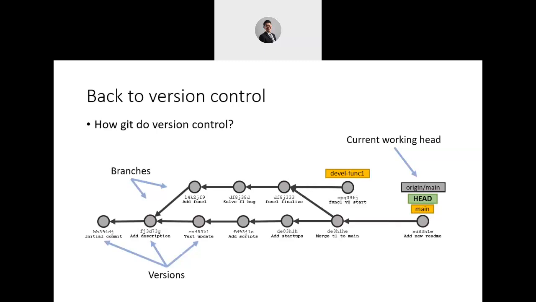After everything is checked, after you make sure that code doesn't interfere with the main code, then you do a merge. You merge the function development branch into your main code and check that everything's fine. That's the whole idea of version control and how Git actually does it.